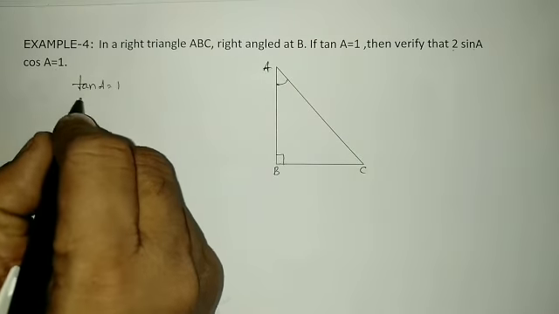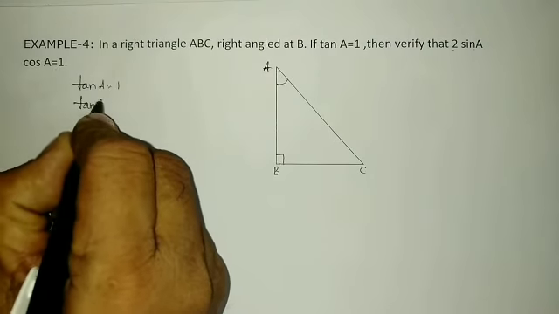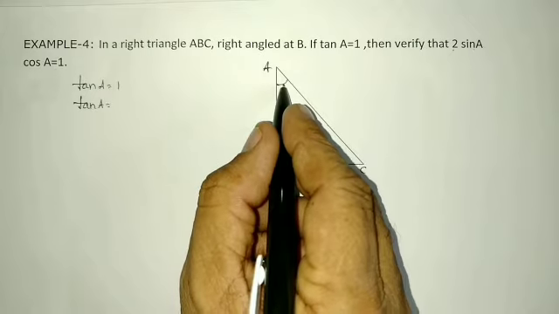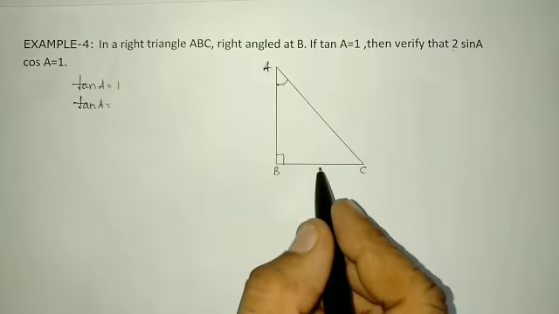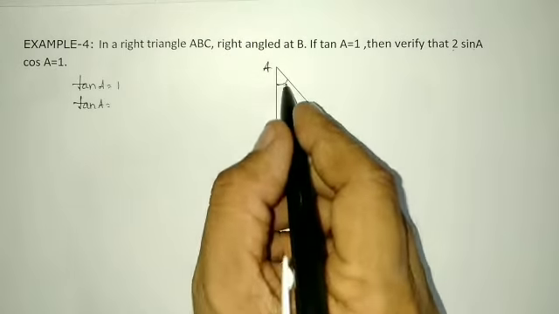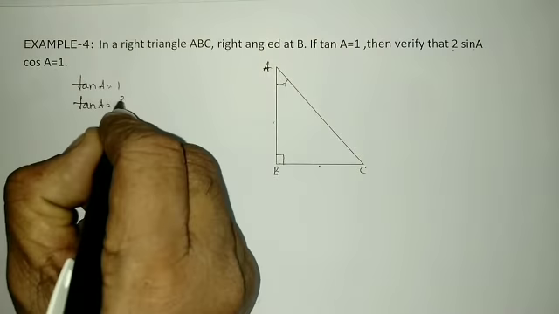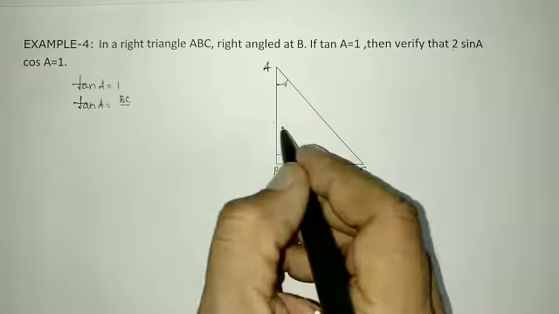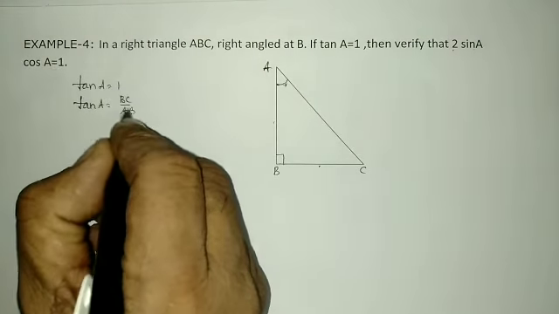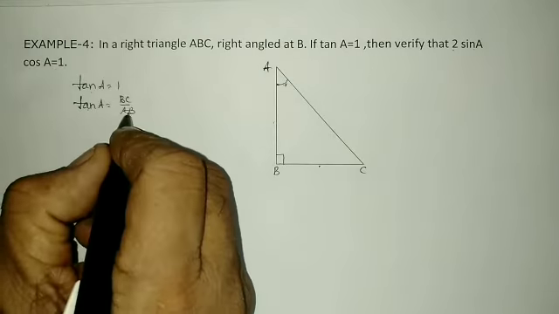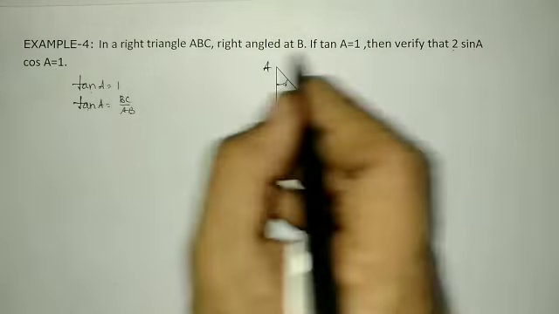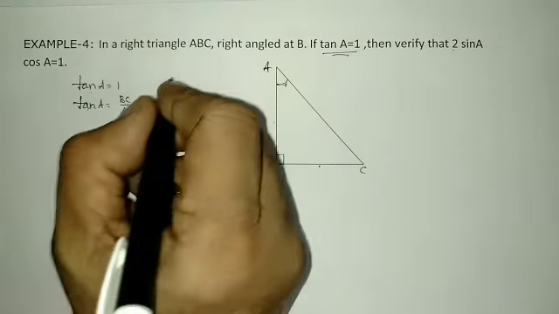Tan A equal to 1 given, but from the diagram tan A means side opposite to A by side adjacent to A. What is the side opposite to angle A? BC, and side adjacent to angle A, AB. So tan A equal to BC by AB from the diagram, but tan A equal to 1 given.